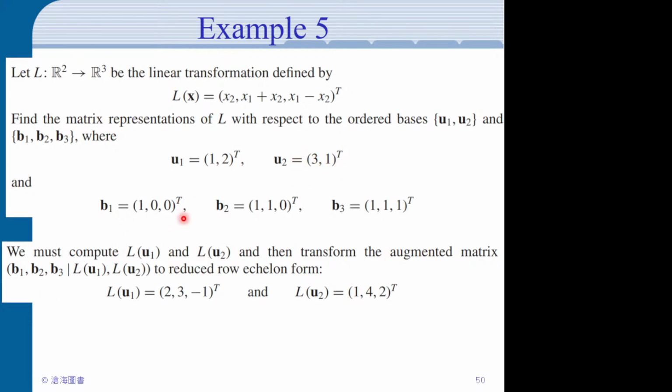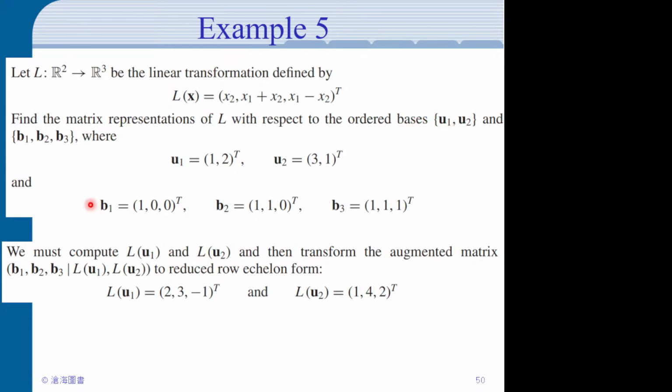And B1 equals 1, 0, 0. Okay, it's standard, but then B2 equals 1, 1, 0, and B3 equals 1, 1, 1. And so we want to find our matrix with respect to U and B.